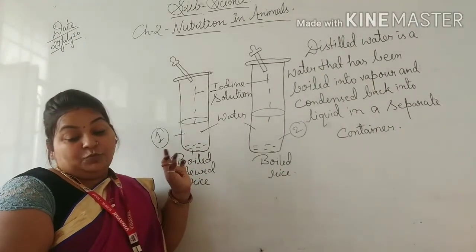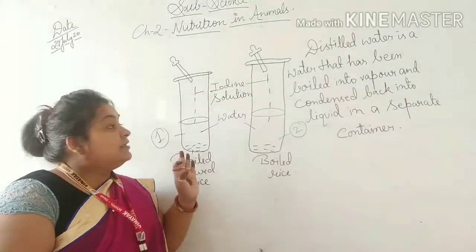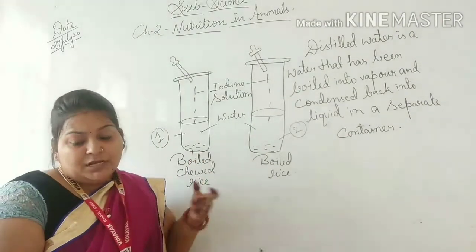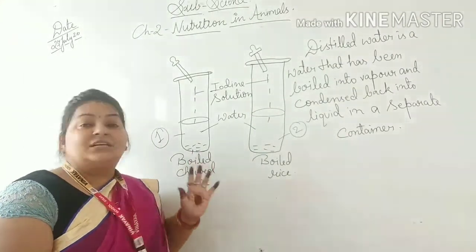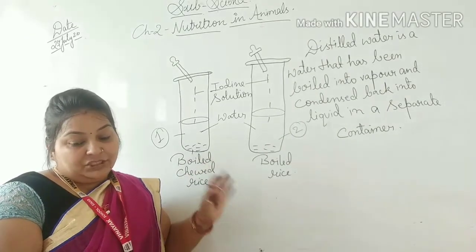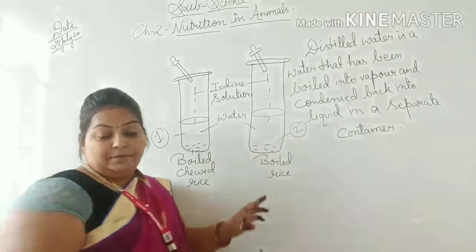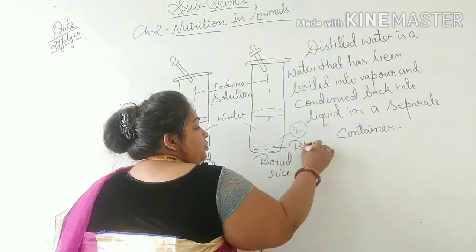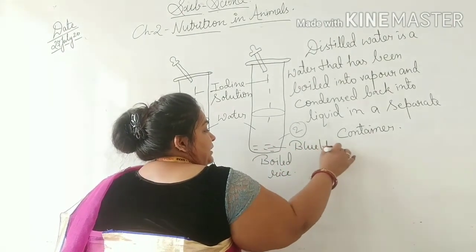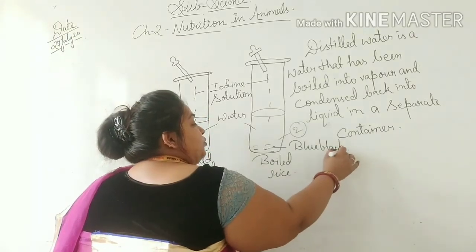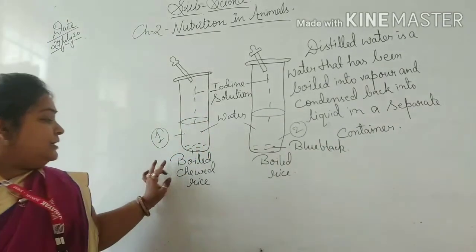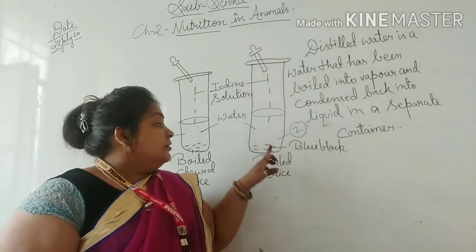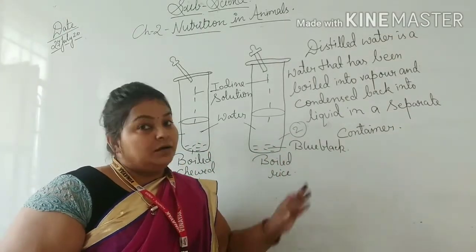In the first test tube, we will observe that there is no change in the food, or maybe a slightly grayish color will appear, and the mixture in the other test tube will turn blue black. So why does this happen? The question arises now, why does it happen? The boiled chewed rice doesn't change the color, and the boiled rice changes the color to blue black.